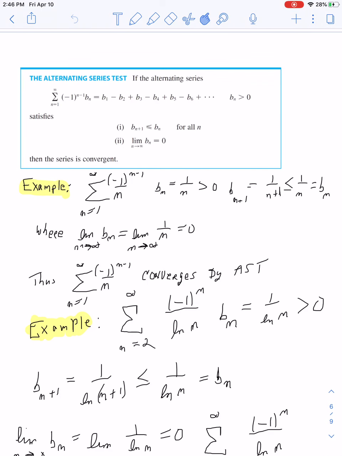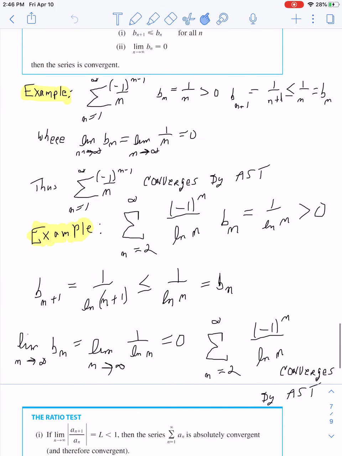All right, now let's go to our next example. The next example is the summation (-1) to the n over natural log n. Notice that my (-1) to the n, that power is different than (-1) to the n-1. It doesn't really matter. The only thing that matters is that this term goes from positive to negative to positive to negative.